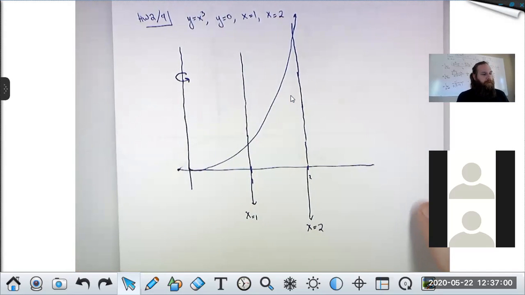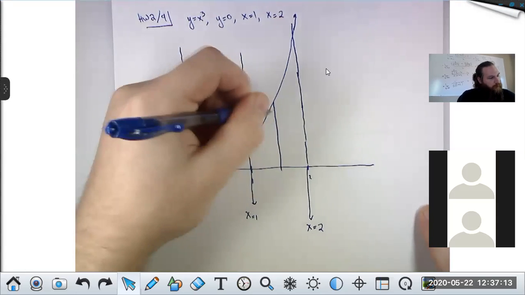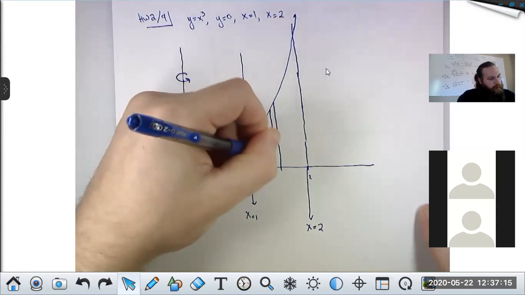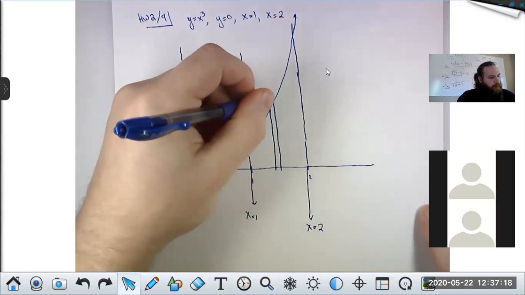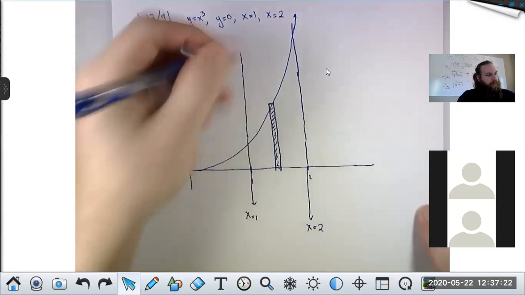Since I'm using the method of cylindrical shells, I want to draw my strip parallel to the axis of rotation. The axis of rotation is the y-axis, so my strip will be parallel to the y-axis, looking something like this. And it's understood that that strip is of thickness dx.